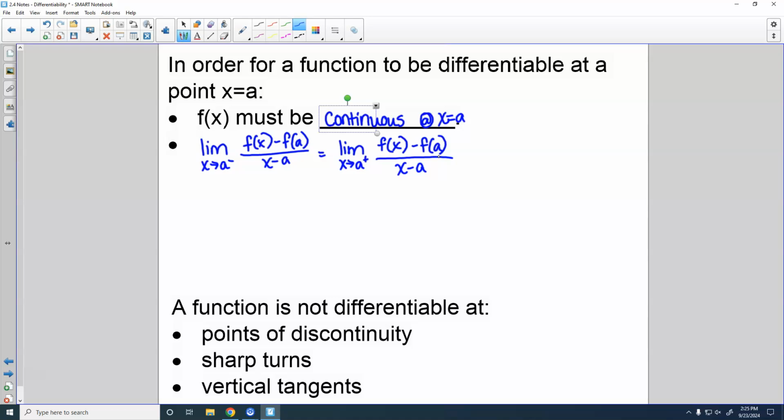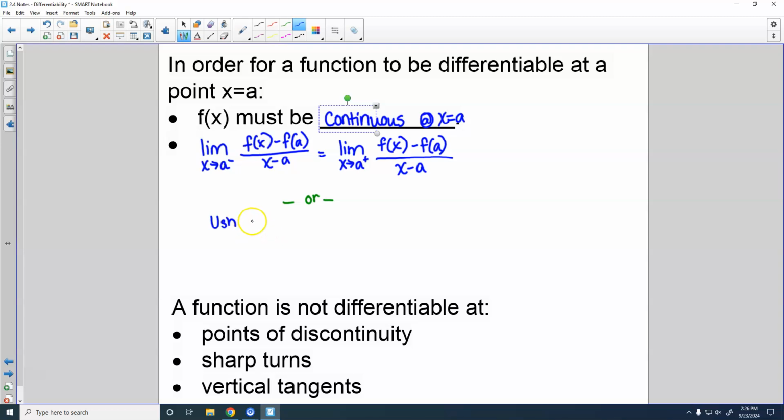Okay, you could also use the x plus h definition there to get an expression for f prime of x. So let's write this down, I guess.